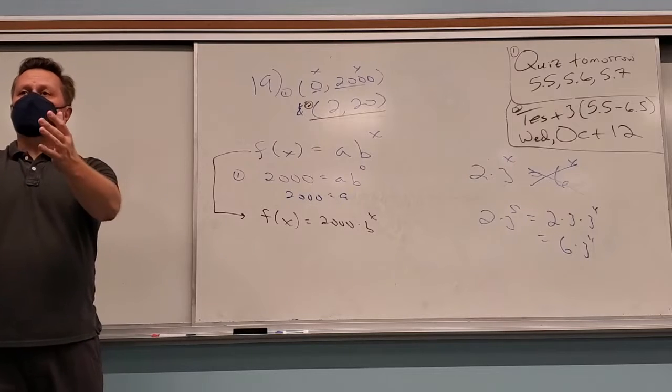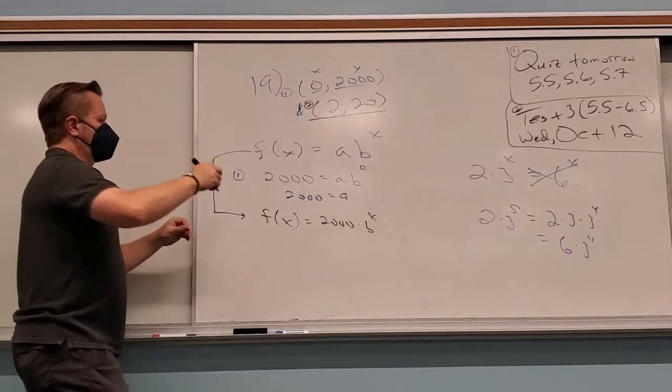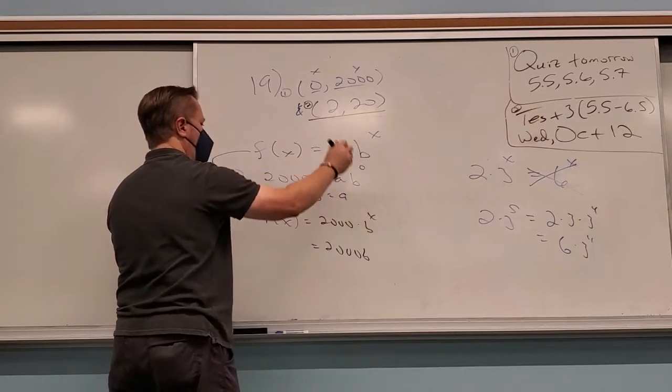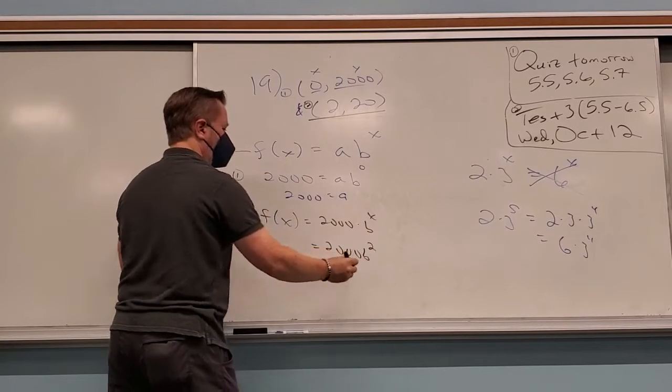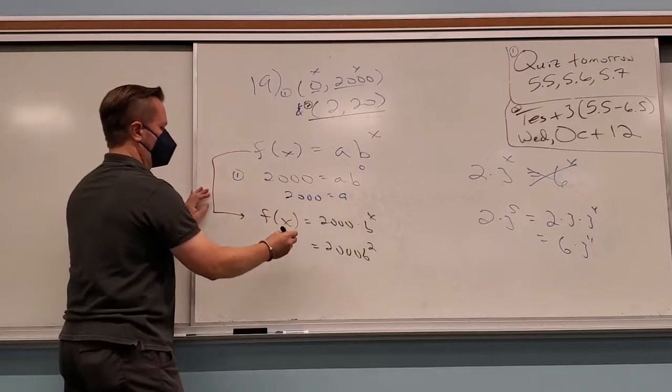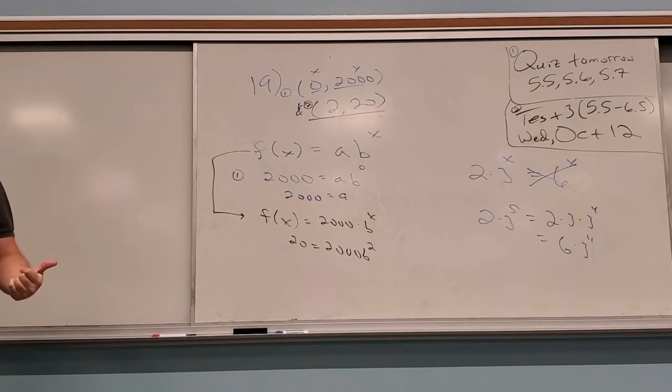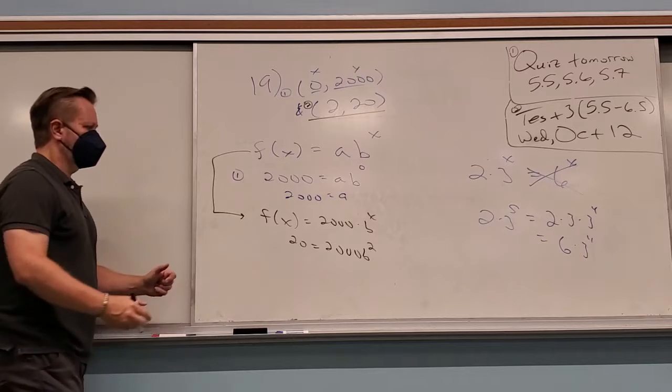So now let's use the other piece of information. When the input is 2, the output is 20. Can you solve that? What do you do to solve it?